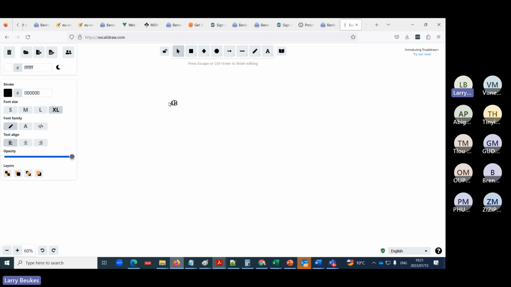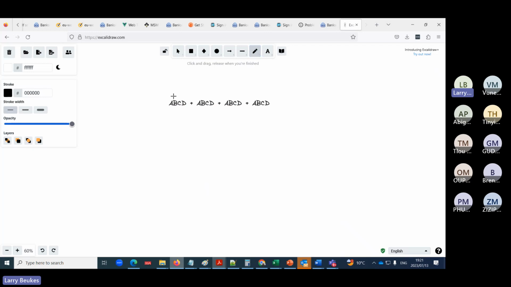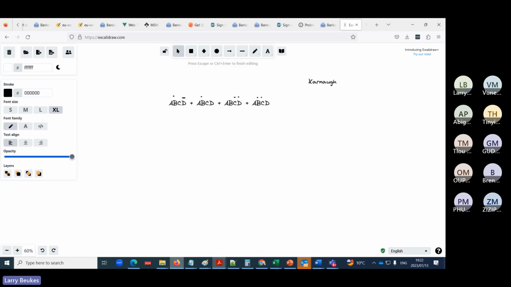So you have A, B, C, D plus A, B, C, D plus A, B, C, D plus A, B, C, D. So what did I say about Karnaugh maps? There are a lot of ways, but in your case, there's only two ways to simplify a logic circuit, right? To simplify a logic circuit, you can use a Karnaugh map or Boolean algebra.